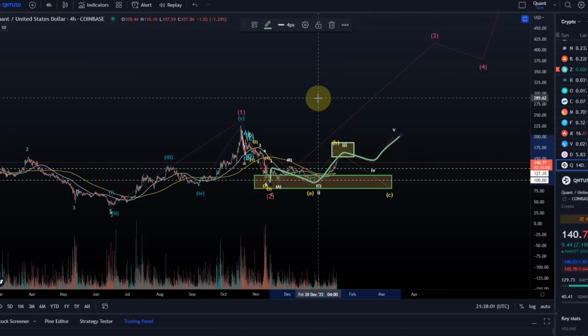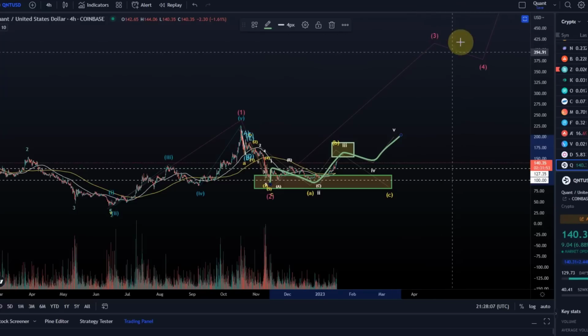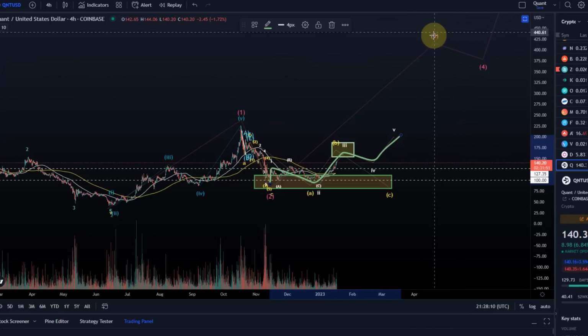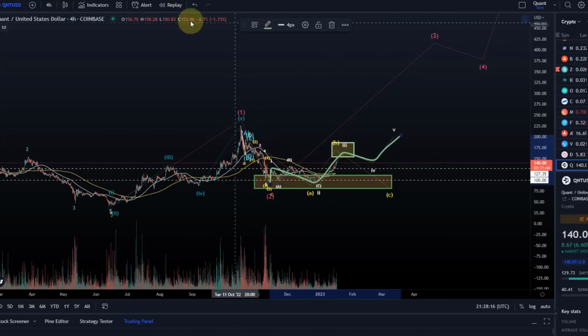We eventually will need to reach the $390 level, which we talked about in the previous video, to prove that this is also wave 3, because that's needed based on the Fibonacci extensions.